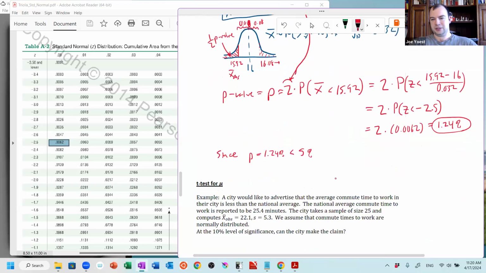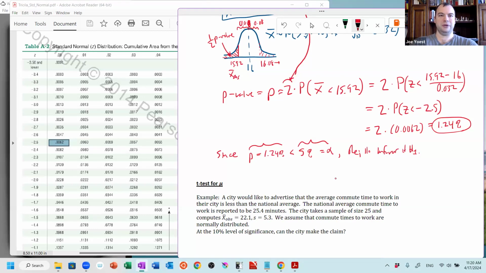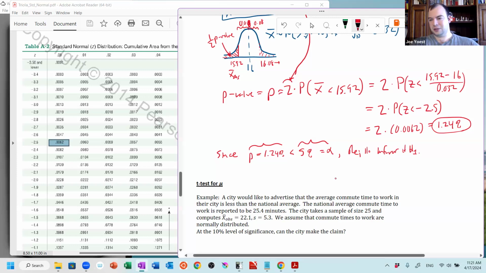Since our p-value is less than 5%, our alpha, our significance level, since our achieved type 1 error rate, if we reject for this sample, is less than our maximum allowable error rate, we reject H naught in favor of H1. We conclude the mean fill volume is no longer 16 fluid ounces, and we shut down the machine and recalibrate. That's costly, but it's necessary in this case. The statistics suggest that it's necessary.